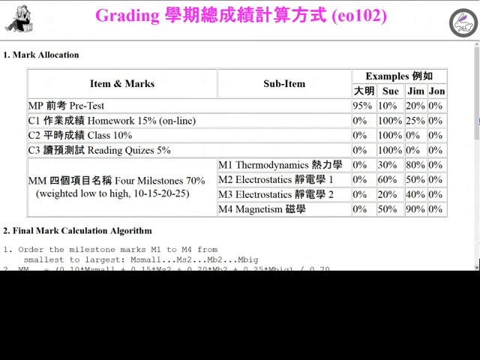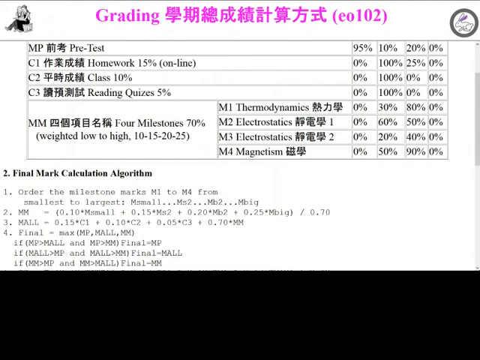Okay, so I'd like to now discuss the algorithm which we will be using in calculating your marks. That's the second point here. First of all, we will order your marks for the 4 milestones from the smallest to the largest, in other words, the lowest mark to the highest mark.